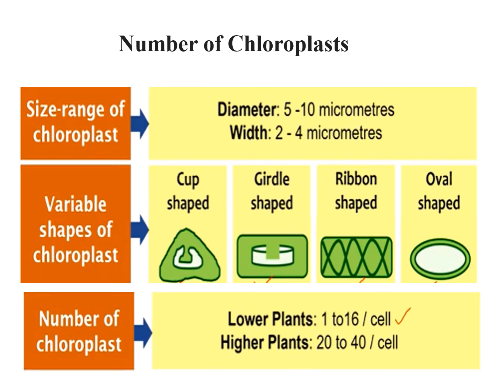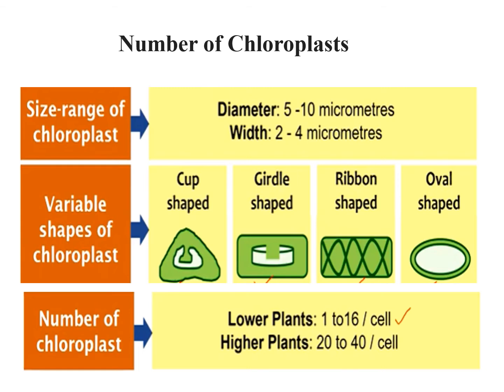Spirogyra contains 1 to 16 chloroplasts per cell.